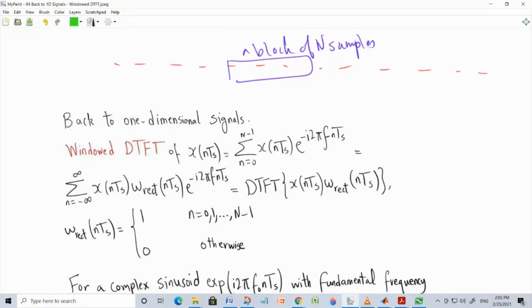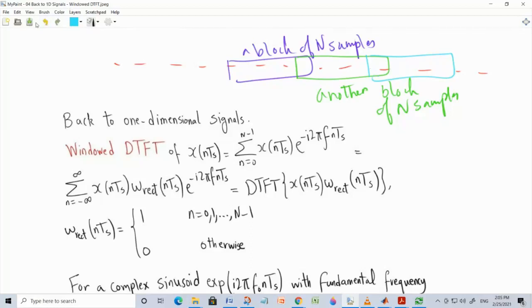So this is another block of n samples, and then you take another block of n samples, and so on and so forth. But in a block you have n samples. You have a finite number of samples.